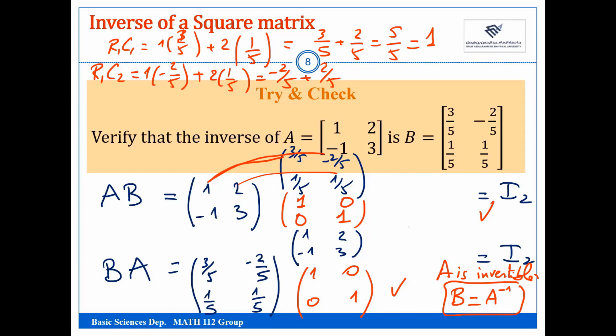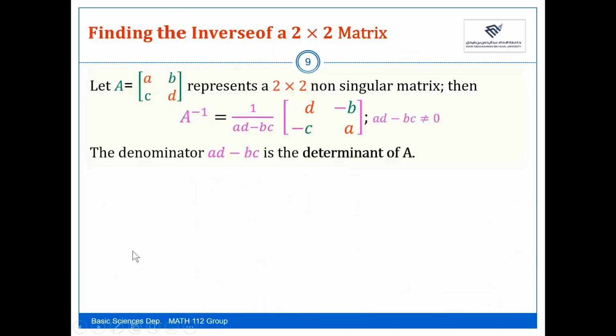Imagine that now it gives me only A and says calculate the inverse of A, with no candidate and no suggestions. In this case, what do I do? I need rules to calculate the inverse. If our matrix is of order 2, we have a quite easy formula.